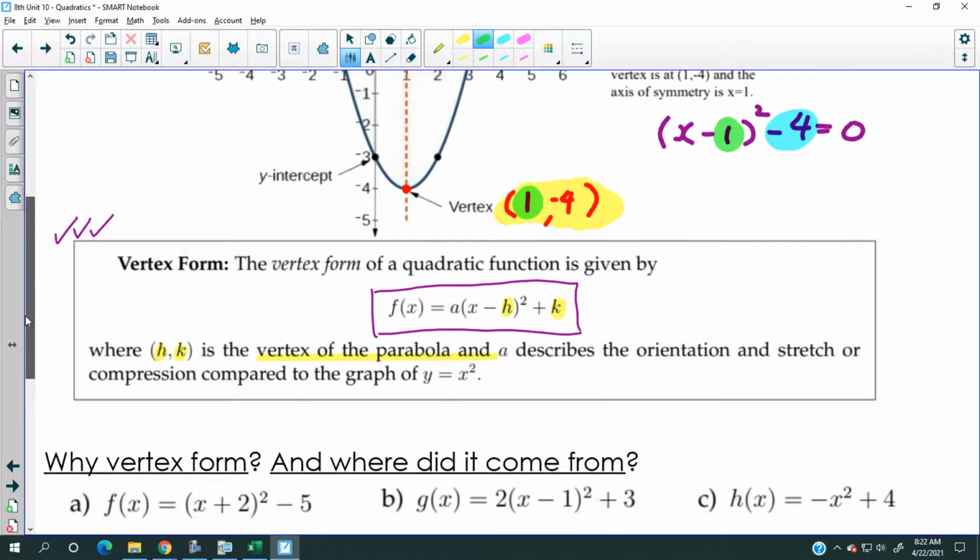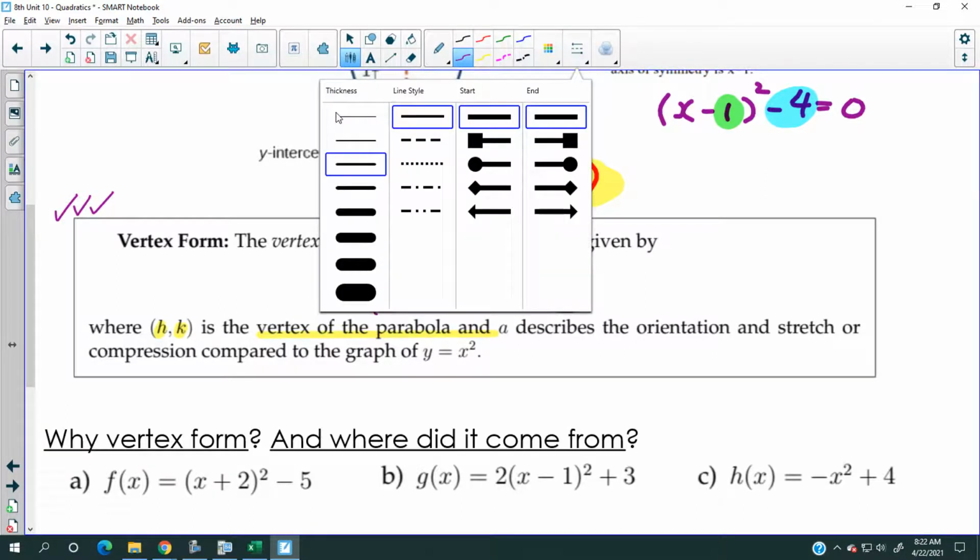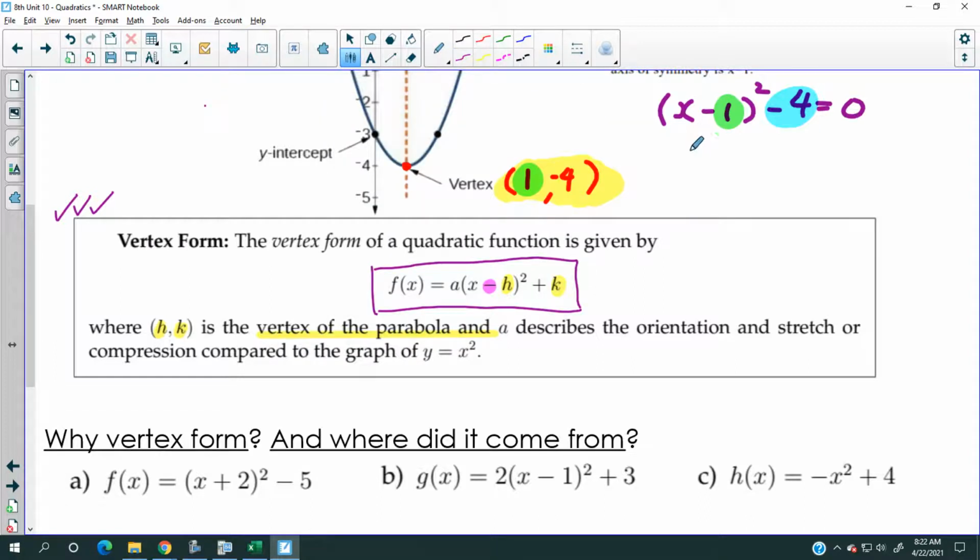So we're gonna get very technical here right now. Have you noticed that for this equation, let me use a different color. You see how this is minus h, not plus h? So let me show you this then. I hope I do a sufficiently good job explaining this part. Now, we're just gonna focus on the x minus 1.